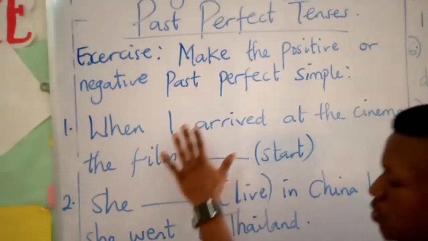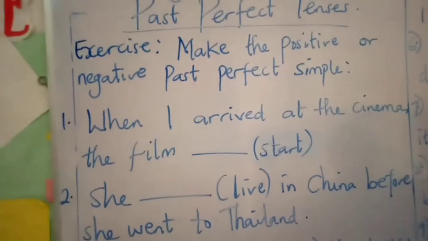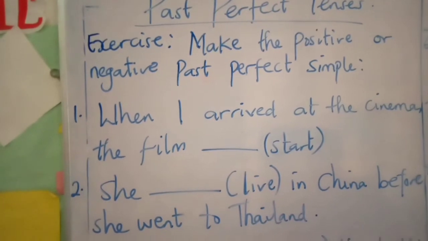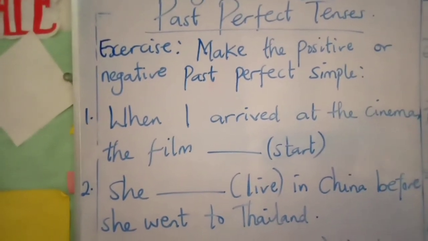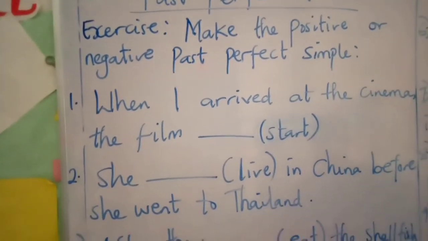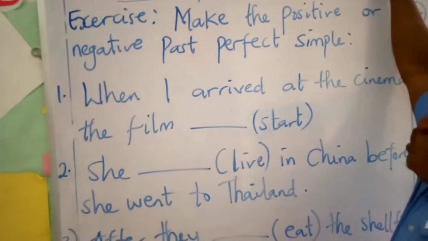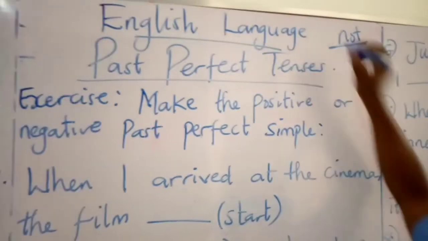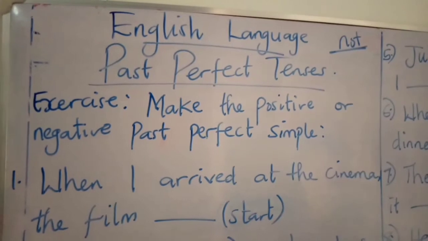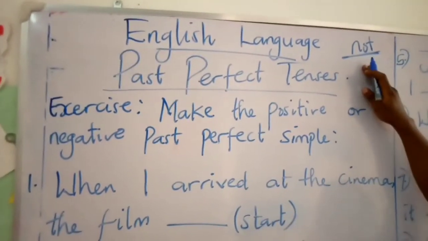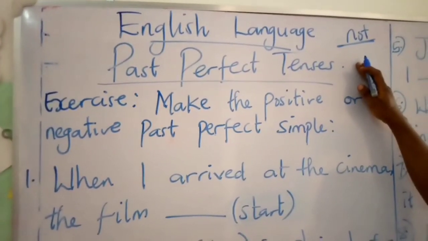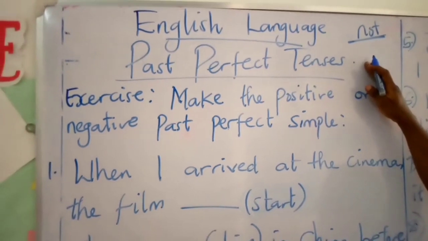All these sentences written on the board are positive. Why did I say positive? There is no introduction of the word not. Not expresses a sentence in the negative manner.